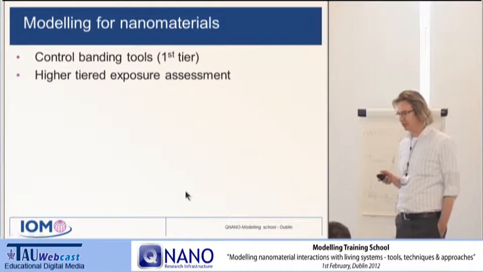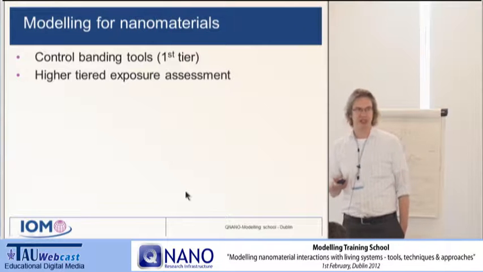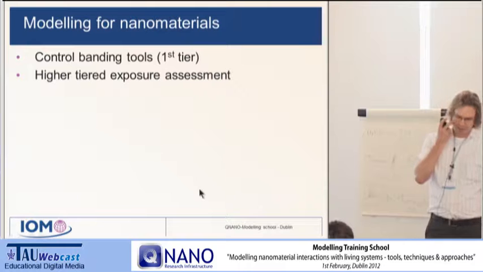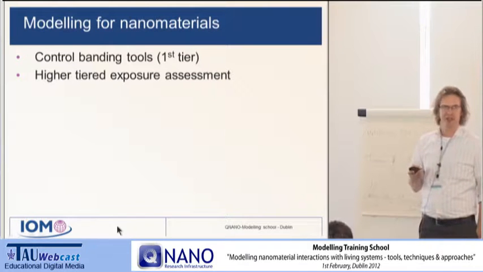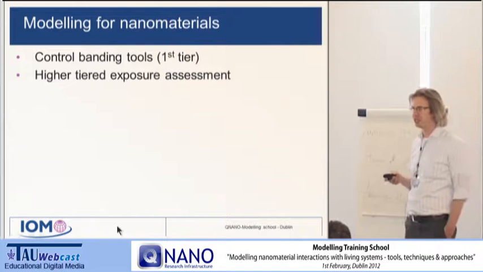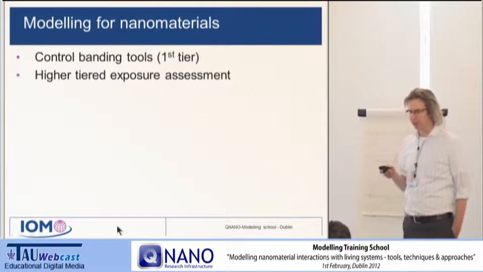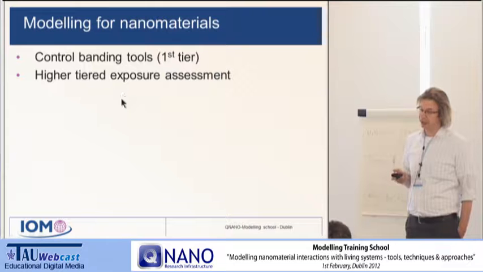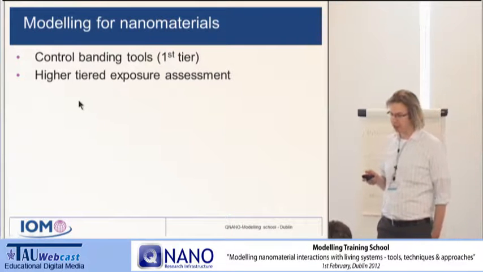So what do we do for modeling for nanomaterials? Again, we can apply a tiered approach, and there are a number of examples developed in defining what this tiered approach should be. I think there's a German publication from a number of people who have described a tiered approach, and it's very similar.